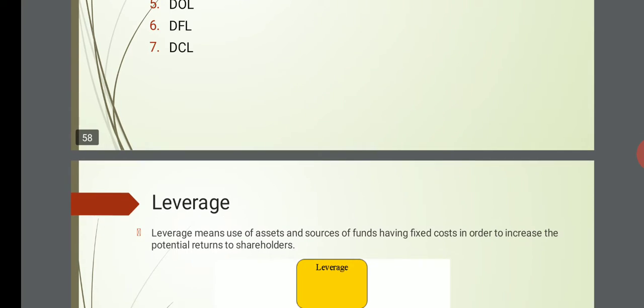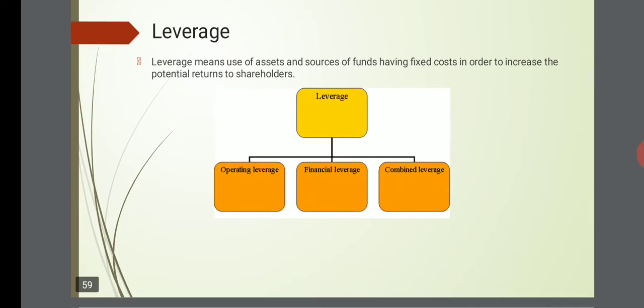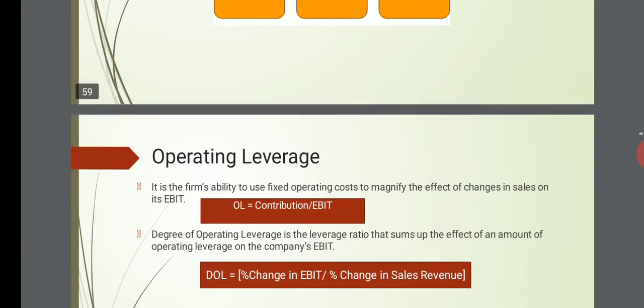Leverage means the use of assets and resources of the fund having fixed costs in order to increase the potential returns to shareholders. So we can use fixed cost in the most efficient manner and can increase the return to the shareholders. Leverage is of three kinds: operating leverage, financial leverage, and combined leverage.